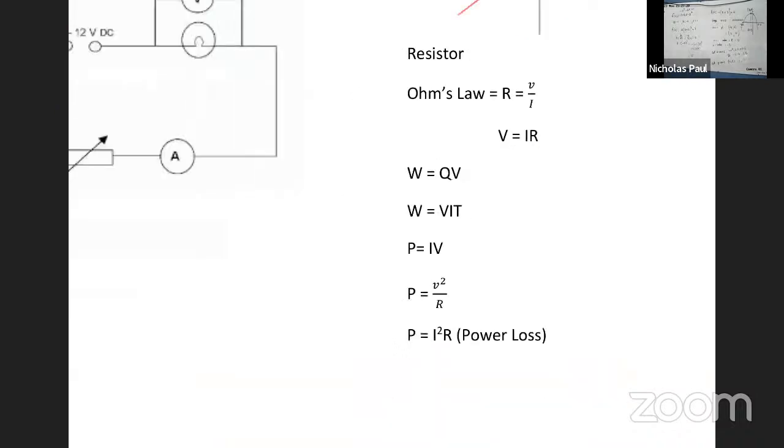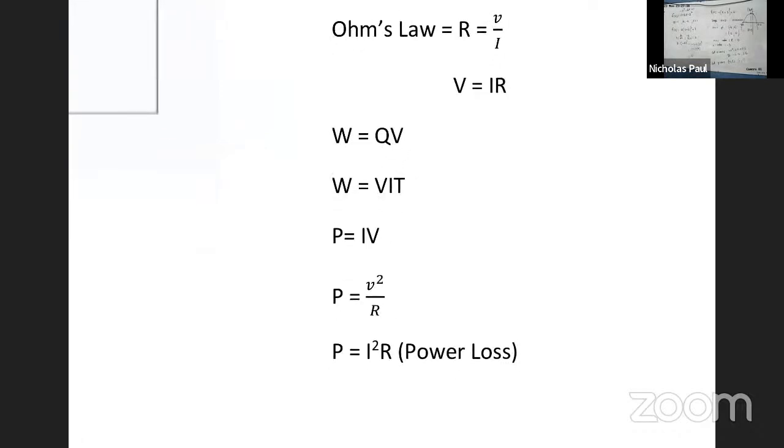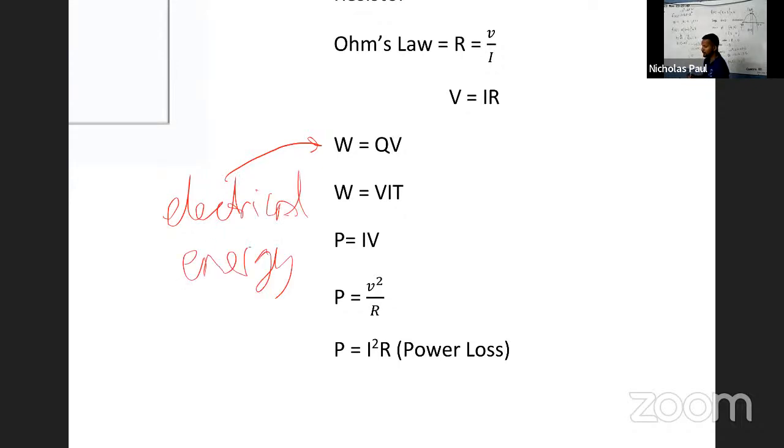These are all the formulas here that we need to know as well. V is equal to IR, right? W is electrical energy. And P is power. Power supplied.